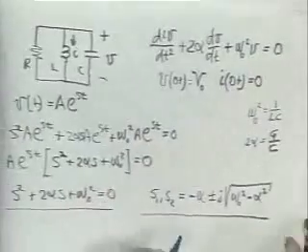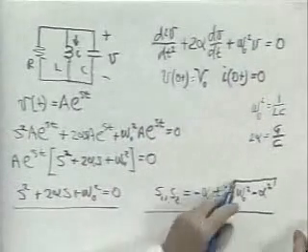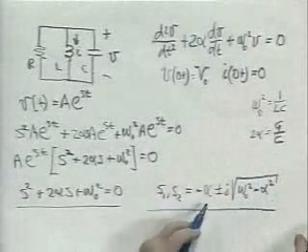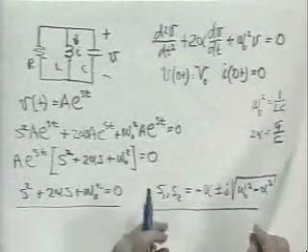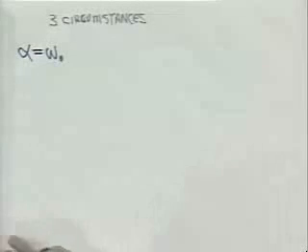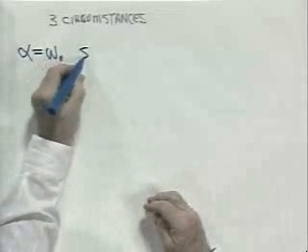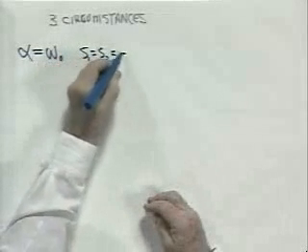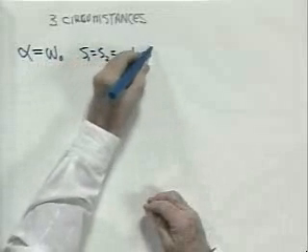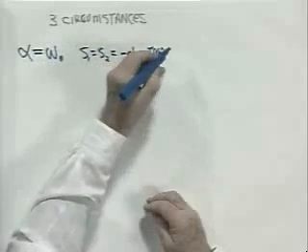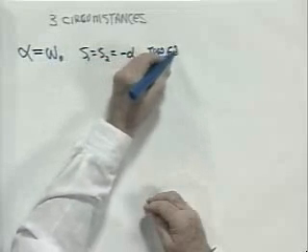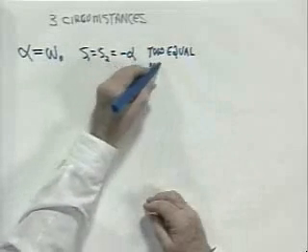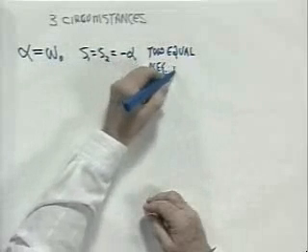And if you look back at this equation, if alpha equals omega naught, the imaginary part of this root disappears, and we have s1 equals s2 equals minus alpha. So you have two equal negative real roots.